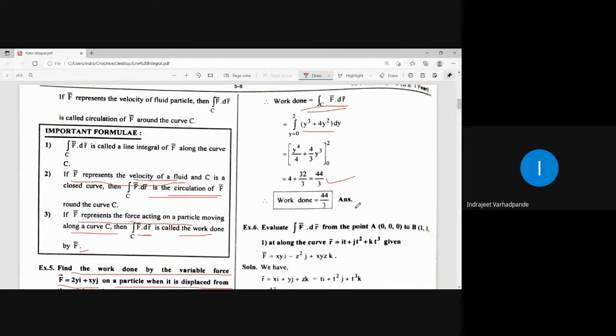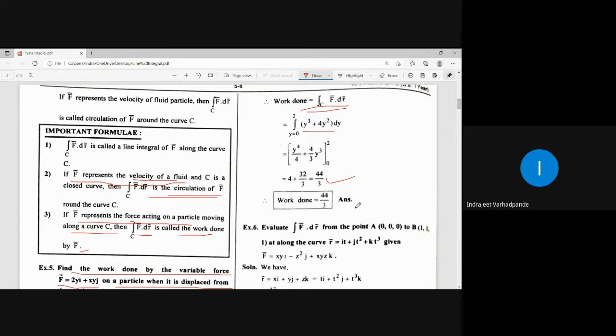So the position vector has to be first expressed in the form of a parameter, and then correspondingly the requisite derivatives are to be calculated. So that is also one of the options wherein we can simplify and get the answer.